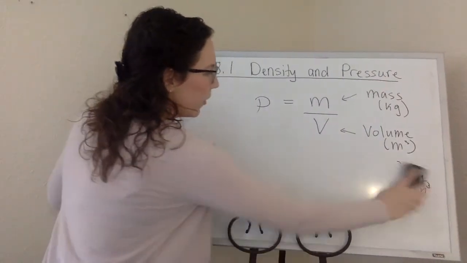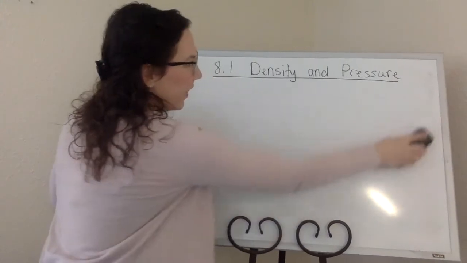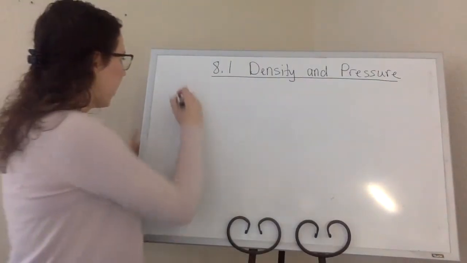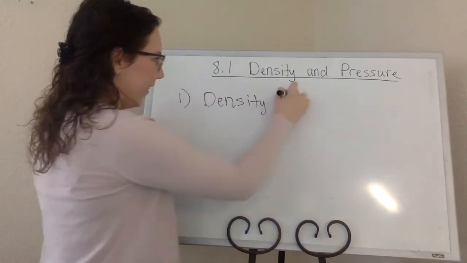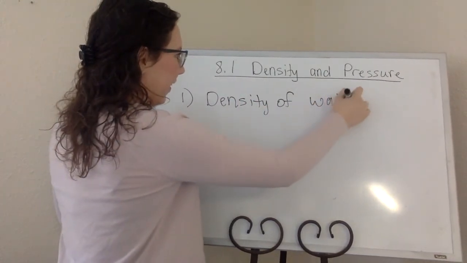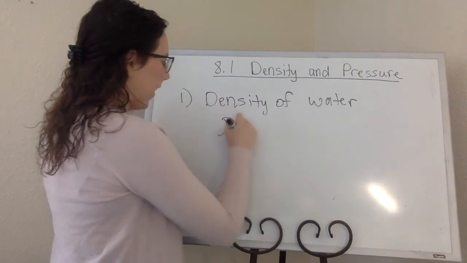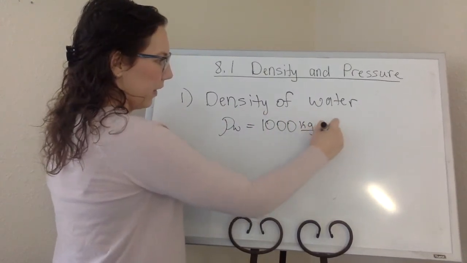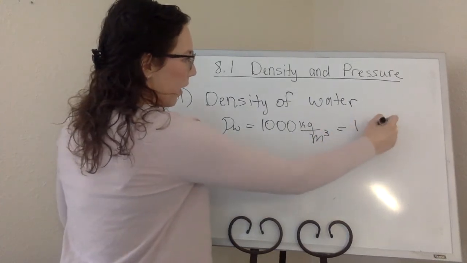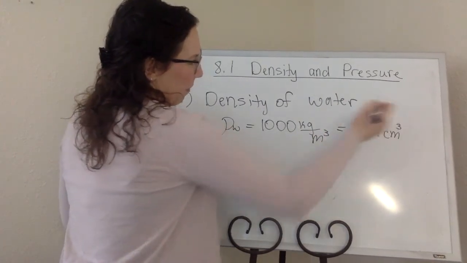So I'll just write 2 notes for density here. One is that the density of water is 1,000 kilograms per meter cubed, or 1 gram per centimeter cubed.